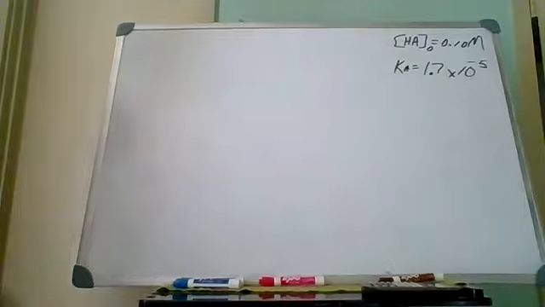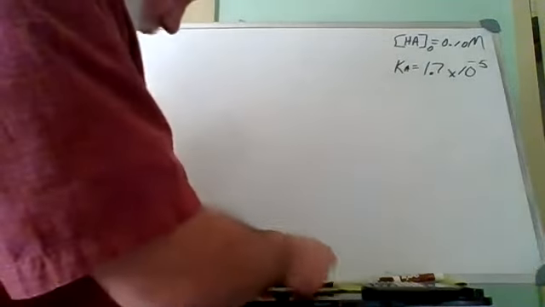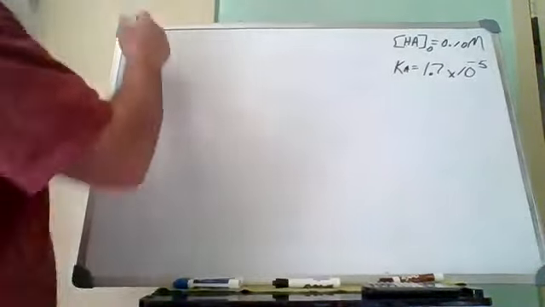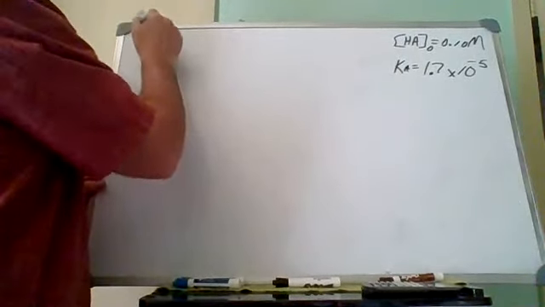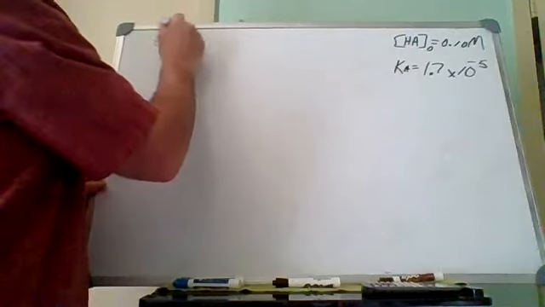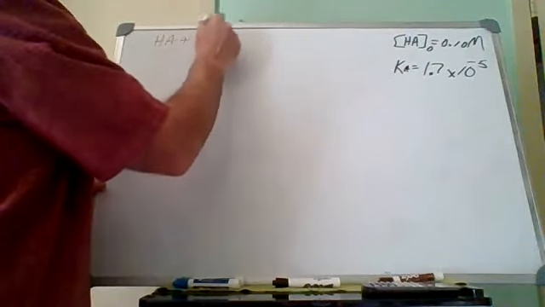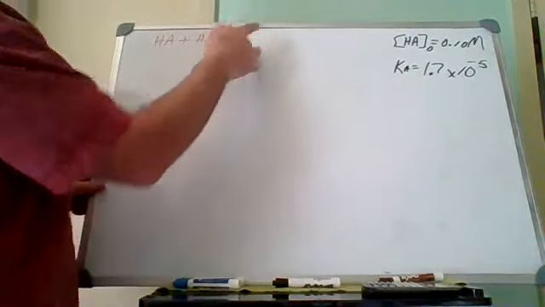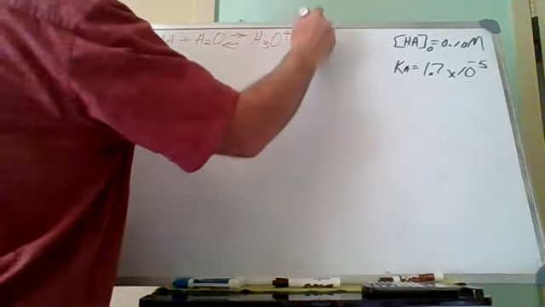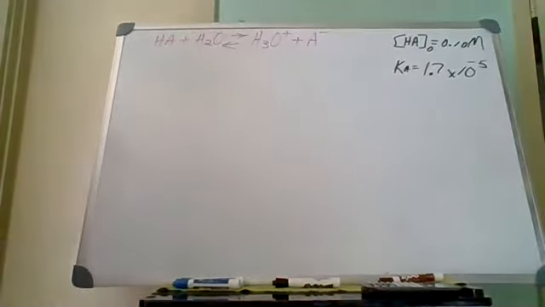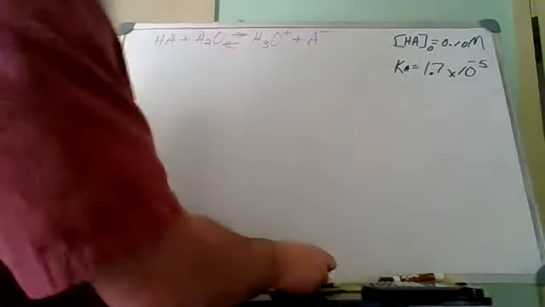So we're going to begin, as always, by writing the acid dissociation reaction. So HA plus H2O gives us, with a double-headed arrow, H3O plus and A minus. Okay, and we're going to make an ice table.